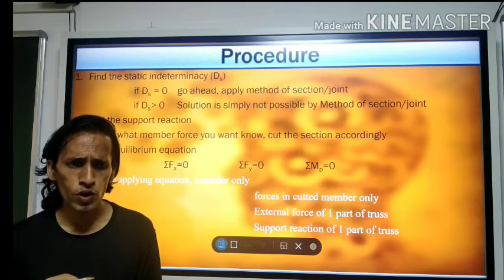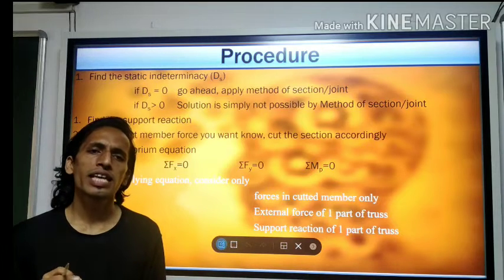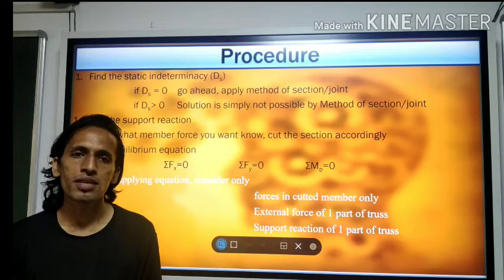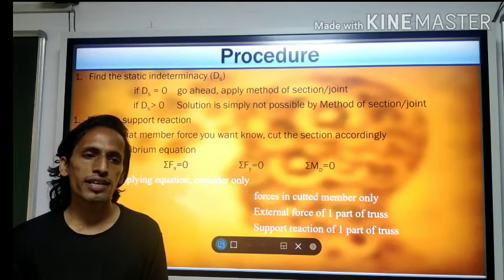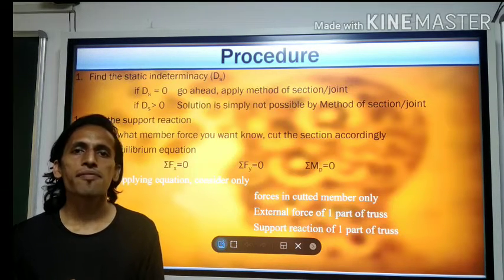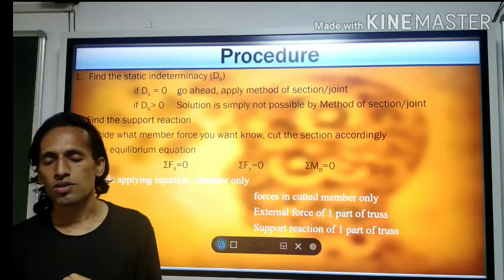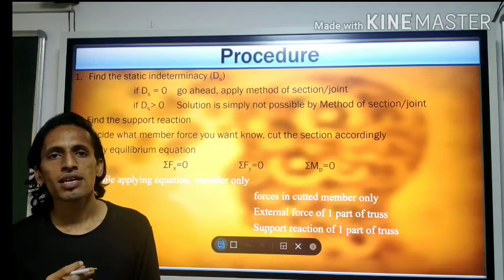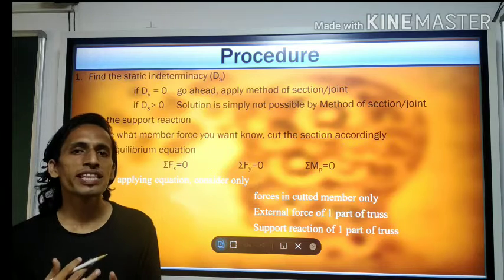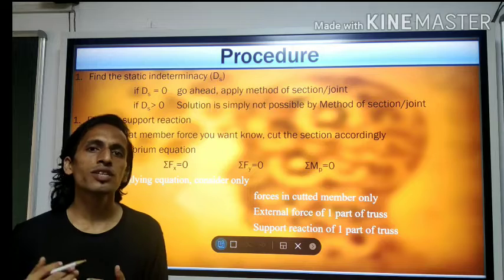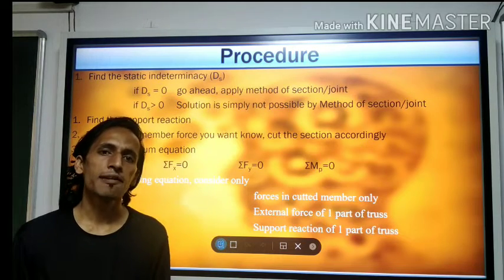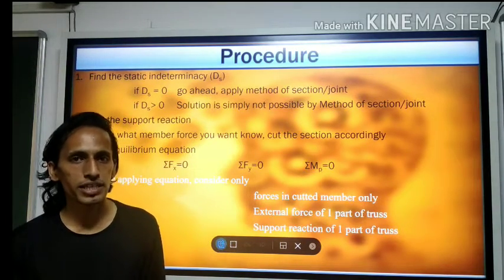Because if you want to solve anything with the help of equilibrium, you must be sure that the truss has the unknowns within the equations of equilibrium. For that you need to first calculate the value of static indeterminacy.